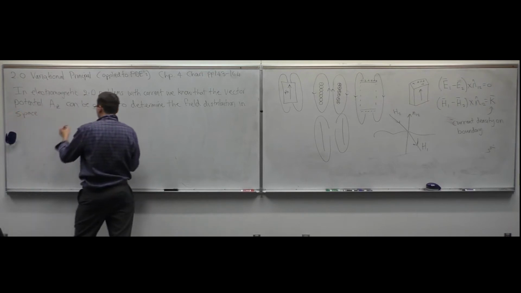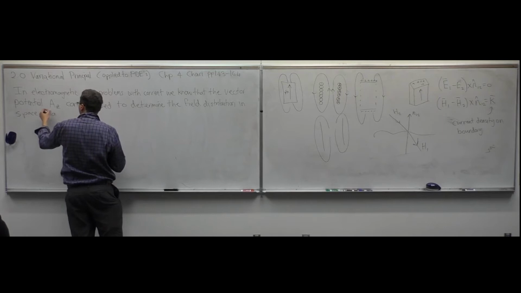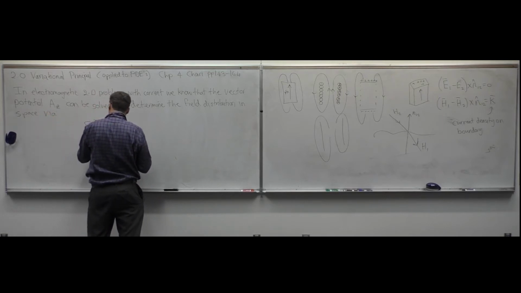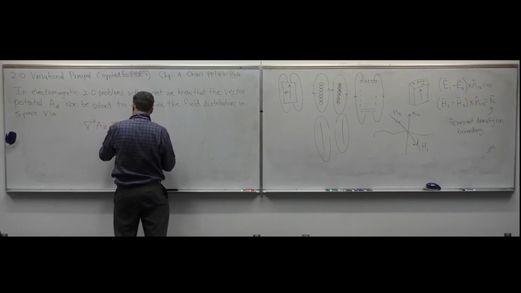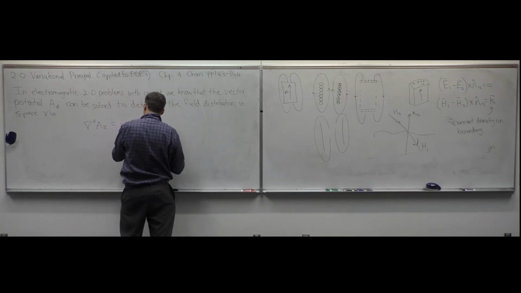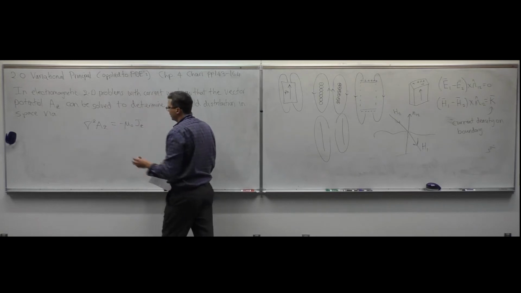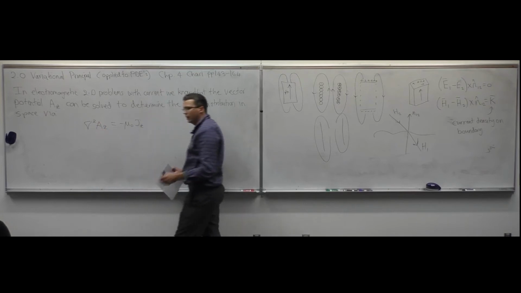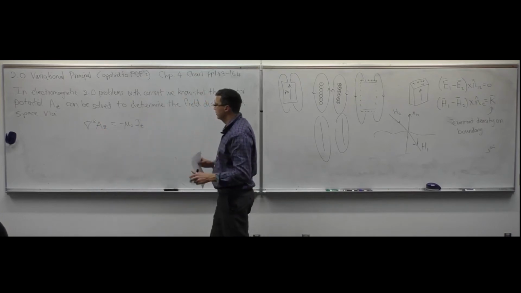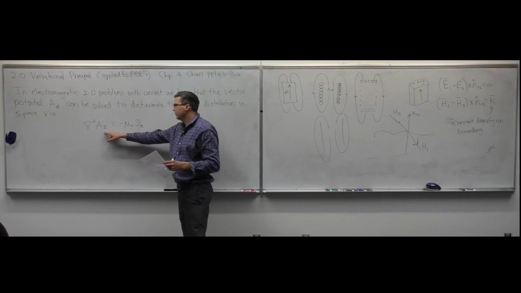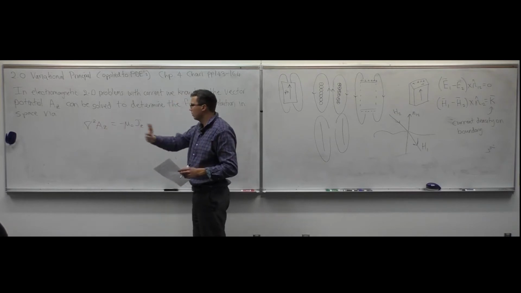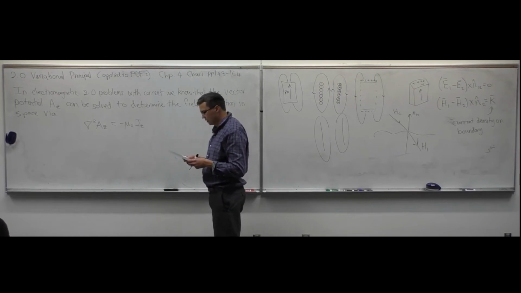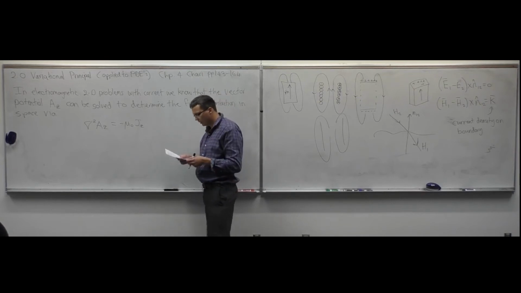So in 2D we would have this equation here. For 2D we only need to solve AZ, because if you take the gradient of AZ in the x and the y direction, that will then give you the magnetic field components, and then you can calculate force and all sorts of good stuff.